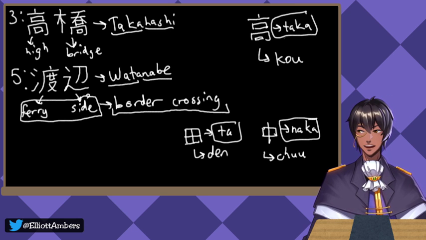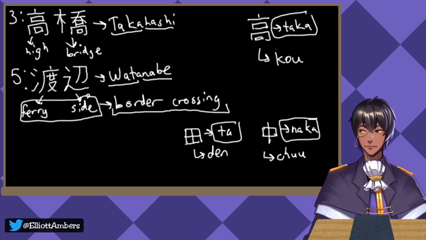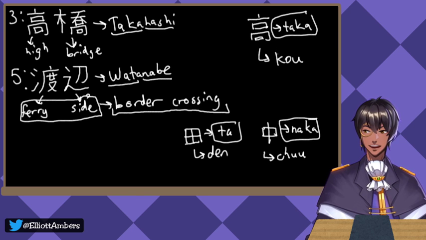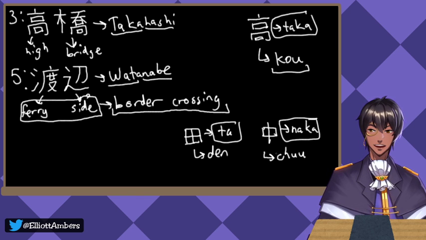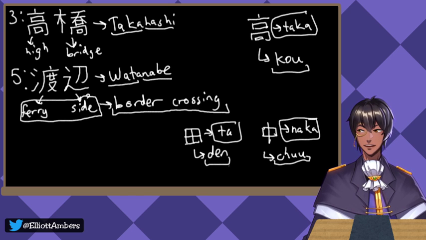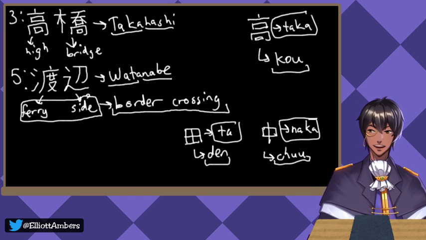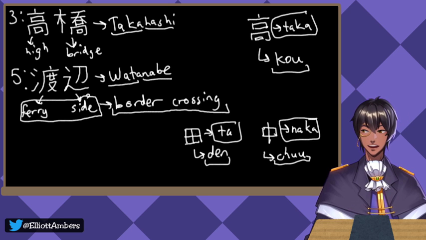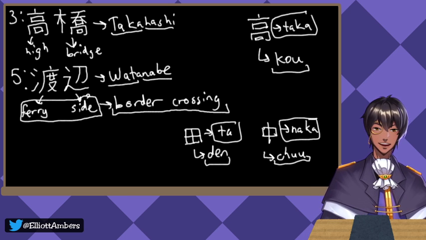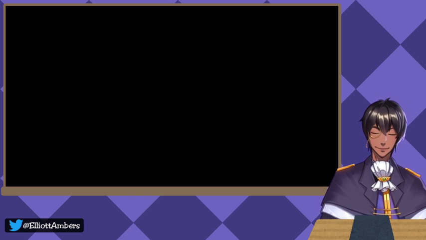But the next four names I'm going to go through have a pretty interesting history that I thought was notable, because not only do they use these Chinese readings, but they were all connected. And not connected just because of the kanji that they used, but that kanji had a very specific meaning. Let's take a look at this. We'll start with the first one. This is actually going to go in descending order.